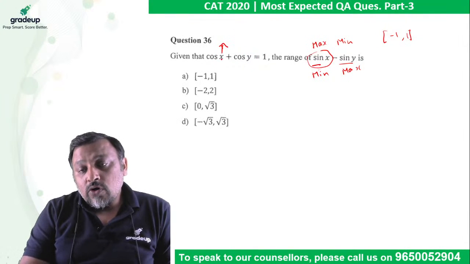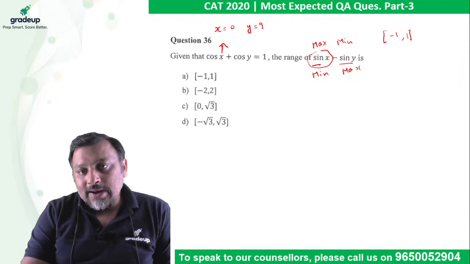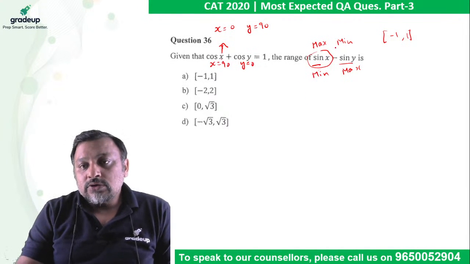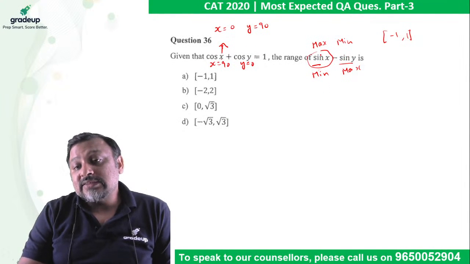So cos x plus cos y is given to be 1. If I put x equal to 0 and y equal to 90, I'll get 1. Similarly, I can take x as 90 and y as 0, then also I'll get 1. So if I substitute these values here, if I put x 0 and y 90, it is minus 1, and if I put x 90 and y 0, I'll get 1.